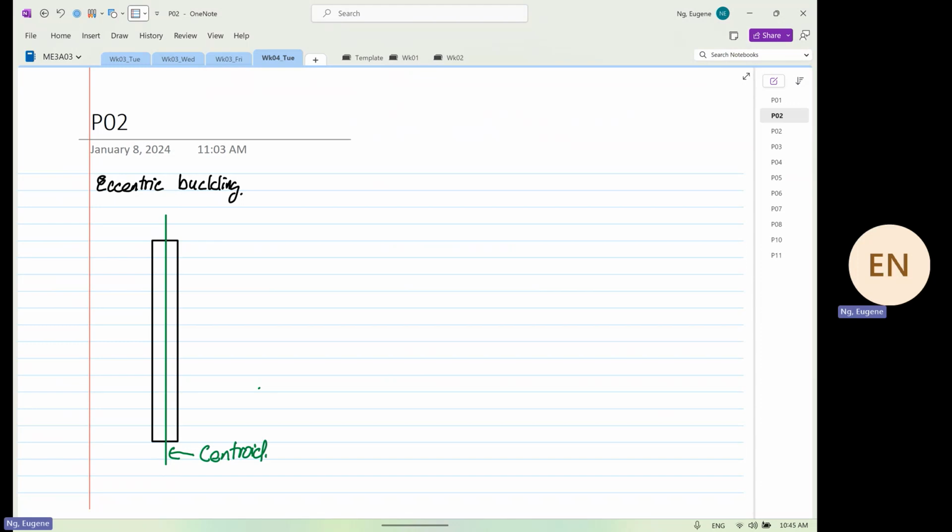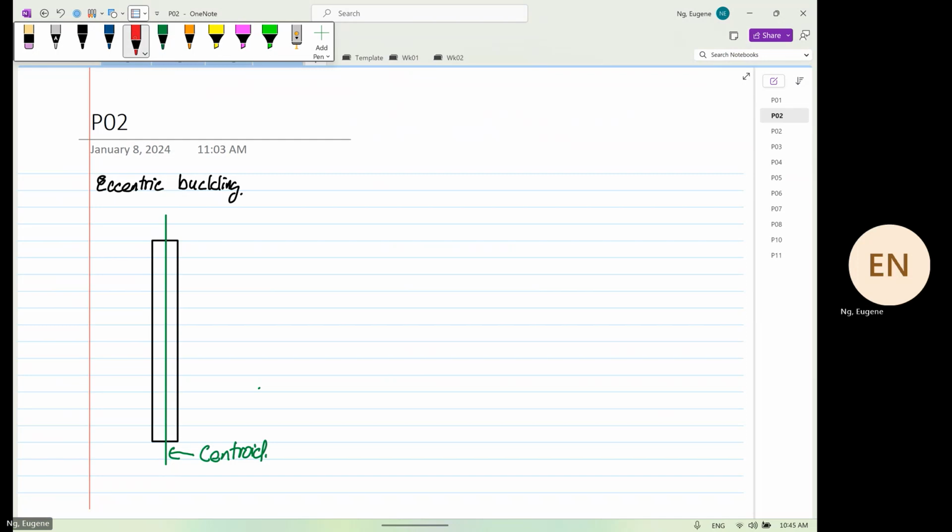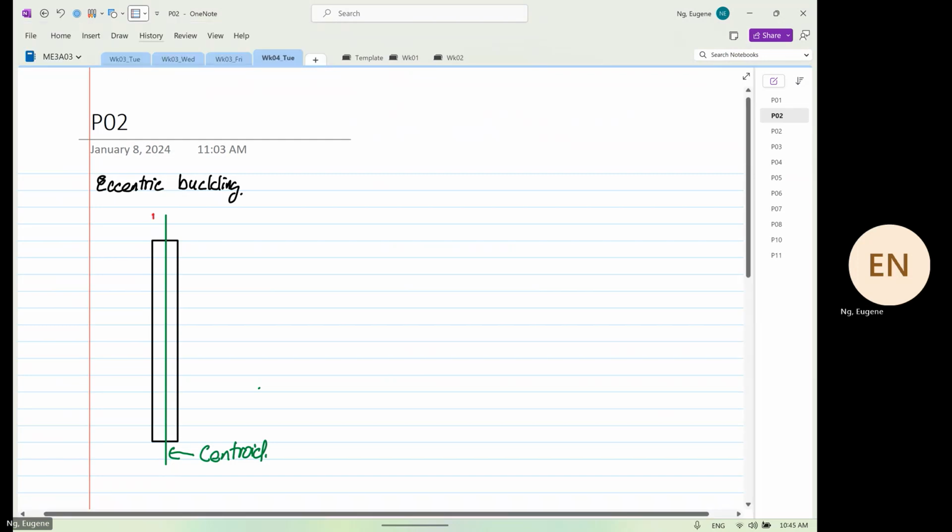And then now we have a load P not acting on the centroid.